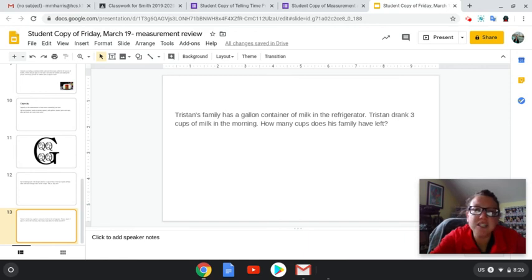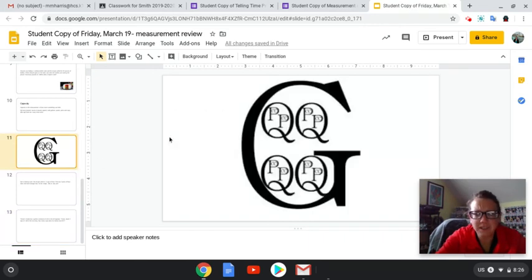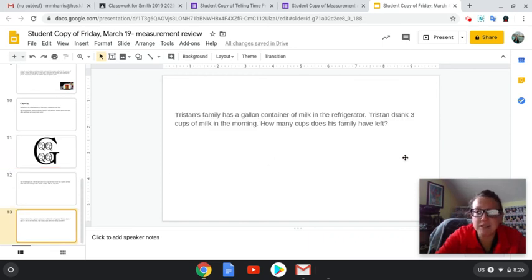And Tristan's family has a gallon container of milk in the refrigerator. Tristan drank 3 cups of milk in the morning. How many cups does his family have left? Well, let's think about it. How many cups were in a gallon? We have to count all these C's. So remember, there are 16 cups in 1 gallon. So if Tristan drank 3 of them, then what would I do to figure it out?